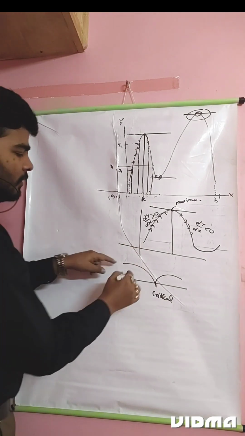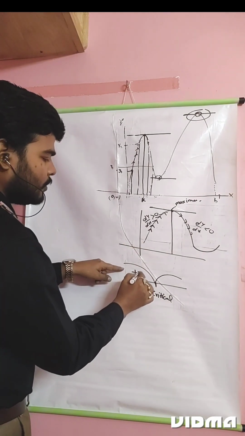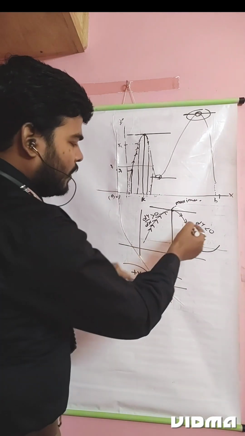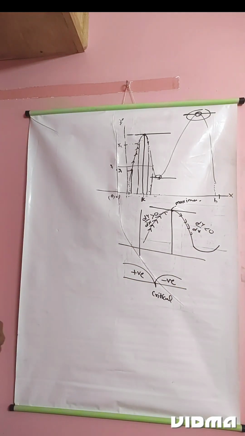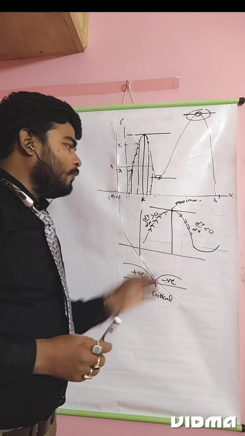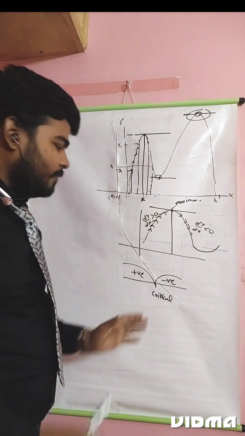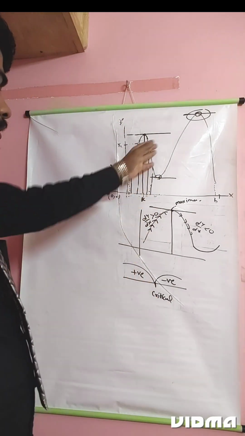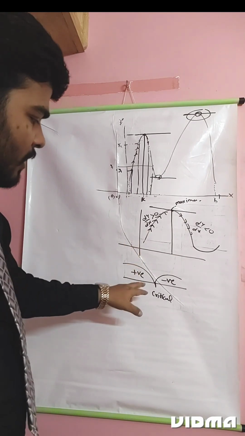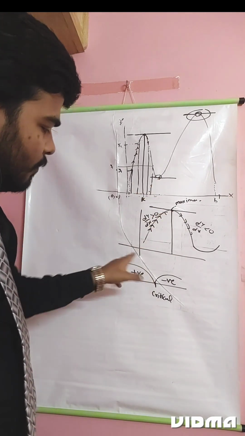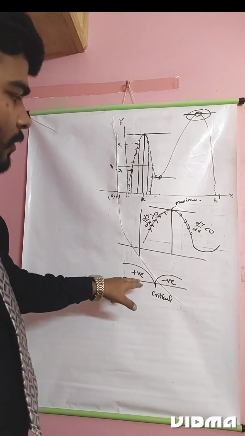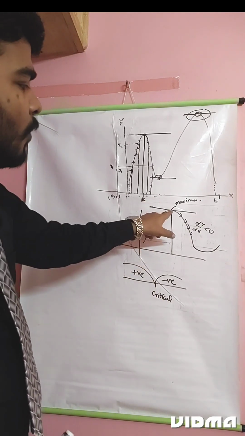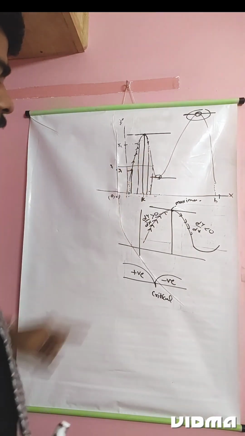Before this critical point, dy by dx is positive, and after that point, dy by dx becomes negative. So firstly we need to find the critical points of a function. Then, if at that point the derivative changes from positive to negative, it is clear that at that point the function attains the maximum value.